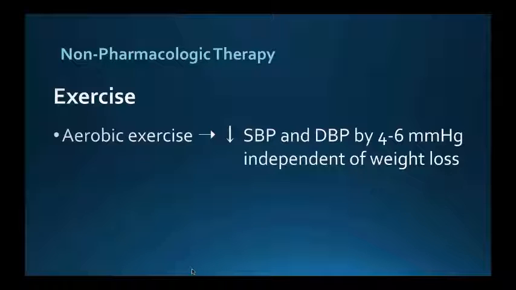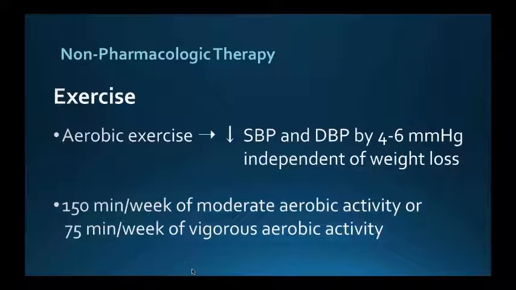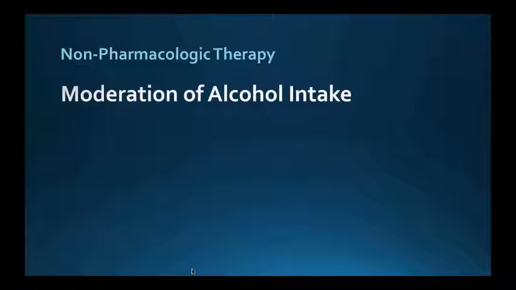So I tell my patients to walk regularly, because walking is the simplest form of moderate aerobic activity. I tell them to walk a total of 150 minutes a week, which is the recommendation of the American Heart Association. Or if the patient engages in more vigorous aerobic activity, such as swimming or jogging, the goal would be 75 minutes a week.